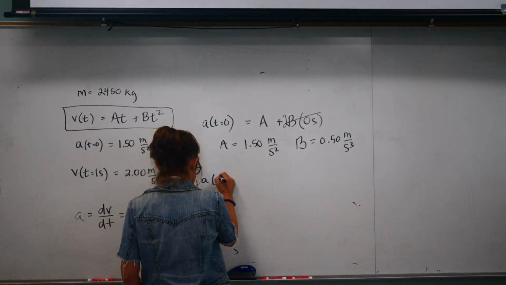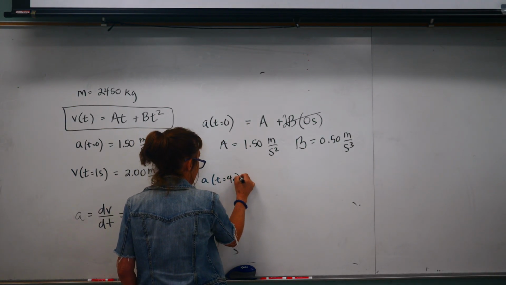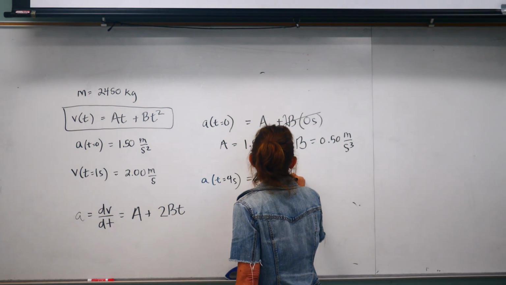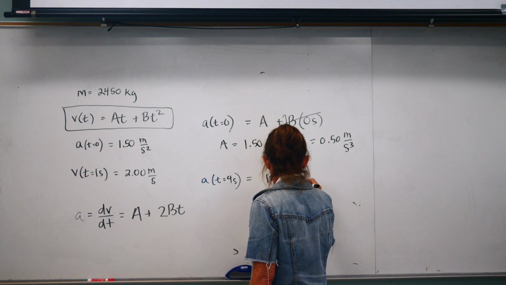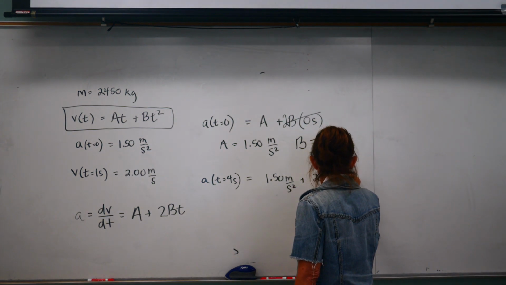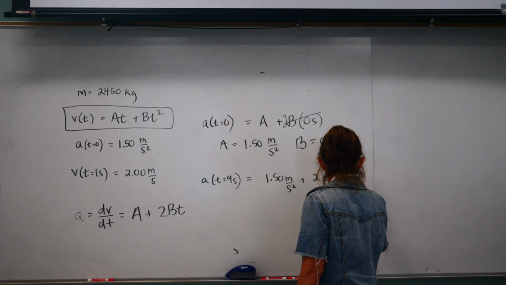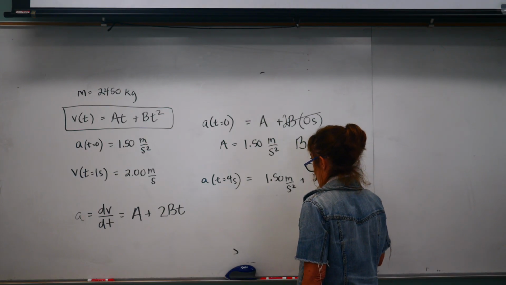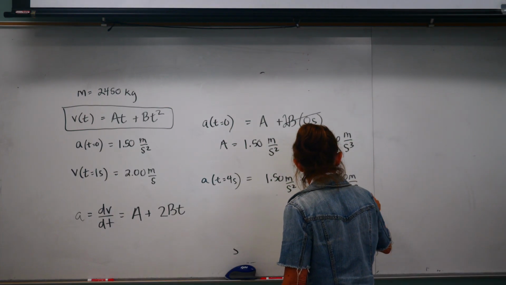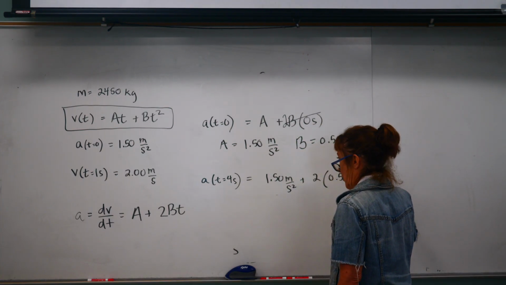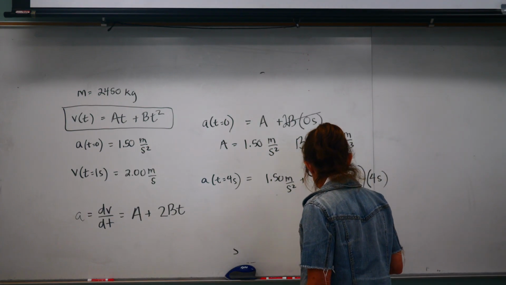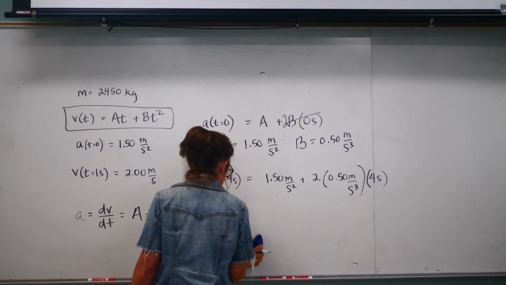Acceleration at t equals 4 seconds equals A, which is 1.50 meters per second squared, plus 2 times 0.50 meters per second cubed times t, which is 4 seconds.